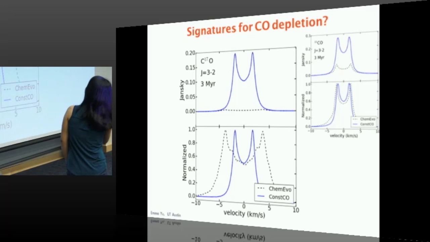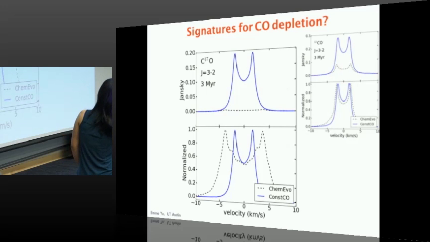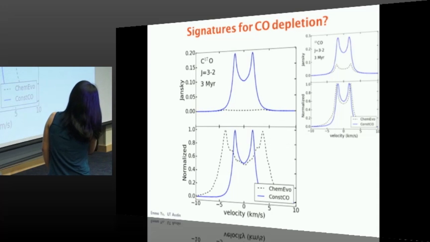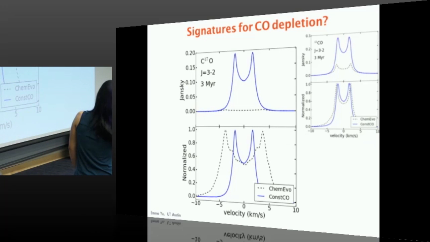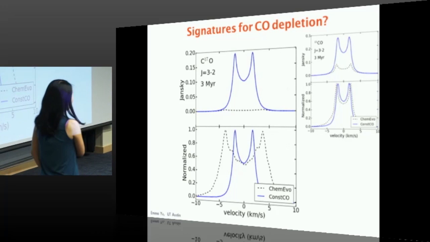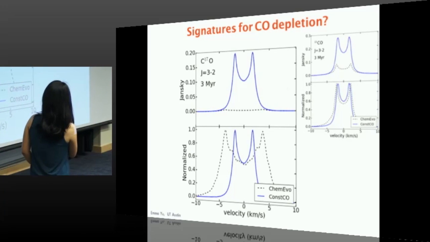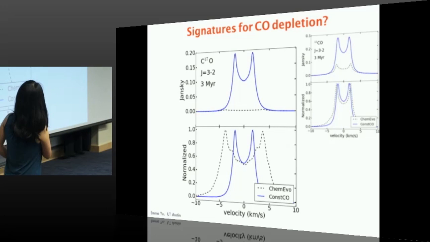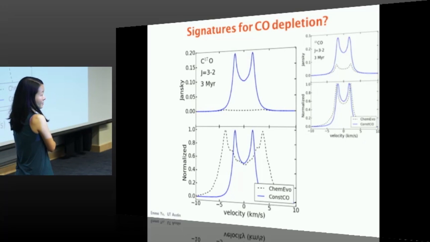So now we're looking at the C17O 3-2 rotational emission at the end of evolution. In the top panel we're seeing the actual spectra, and the lower one is normalized line profiles. The chemical depletion happens mostly in the outer part of the disk, where the Keplerian velocity is smaller.